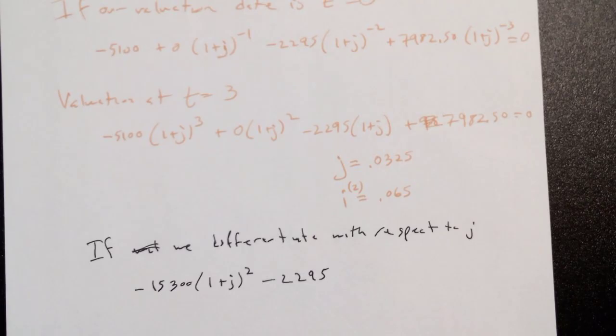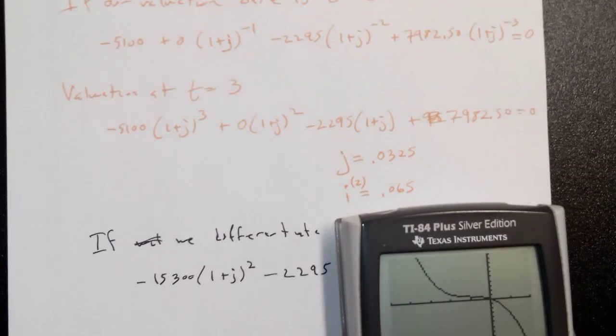I get that. And that's always negative, right? If that's always negative, then this function is always decreasing. And that means it crosses the x-axis exactly once.